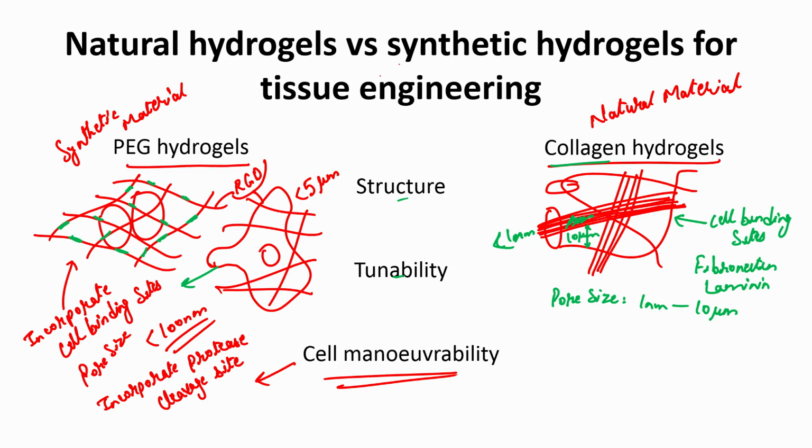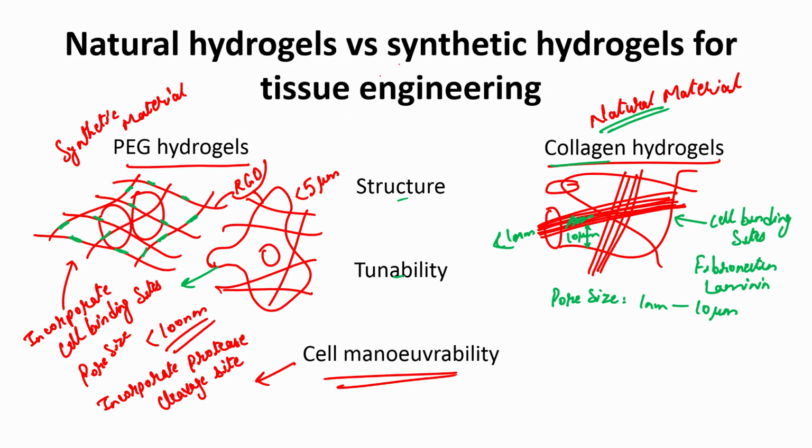When the cell wants to move around in the gel, it does not have to wait for some sort of degradation kinetics to happen. This can happen whenever the cell wants to move around. And not only that, these are natural materials as we just talked about. So, the cells have the capability to go ahead and degrade the collagen fibrils if they really want to, or deposit more.